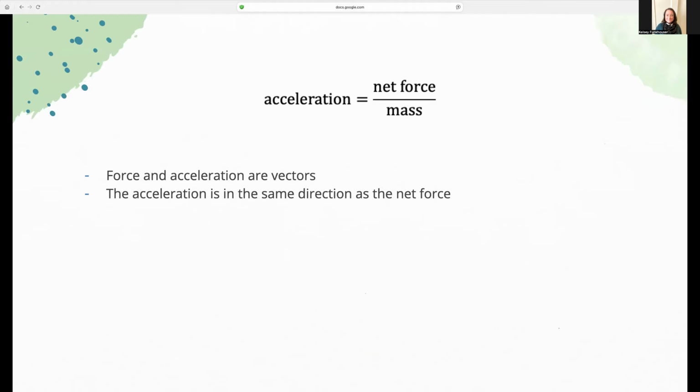As we said, forces and acceleration are vectors. Mass is not a vector. Mass is just a feature of an object. So we have two vectors, two variables that depend on size and direction, so they need to be in the same direction. The acceleration is going to be in the same direction as the net force.